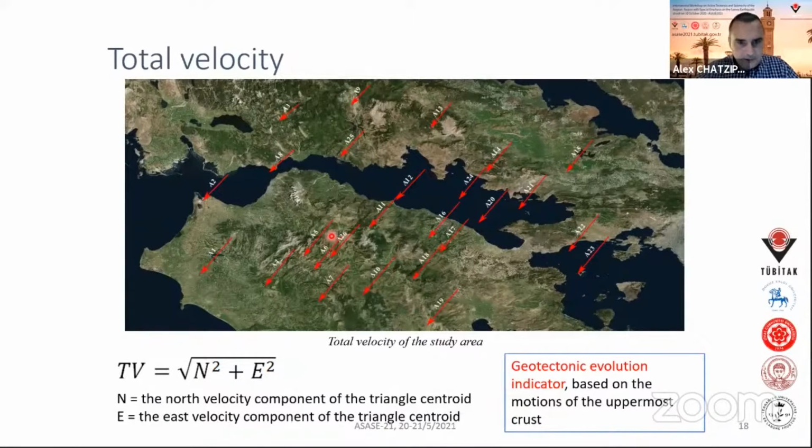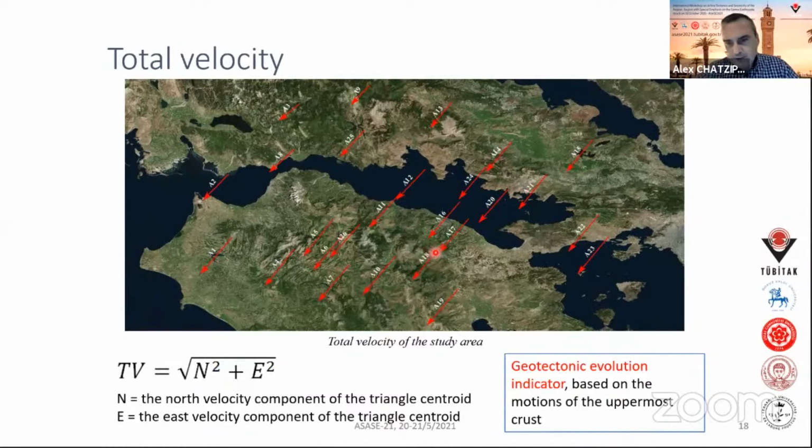Again, the next parameter is the total velocity. Again, we see here a pattern that is consistent with the known models, but one can see that values north of Corinth Gulf are generally smaller than the ones south of the Gulf.